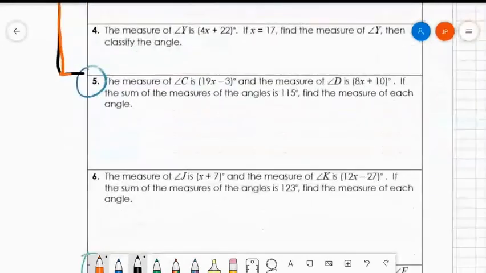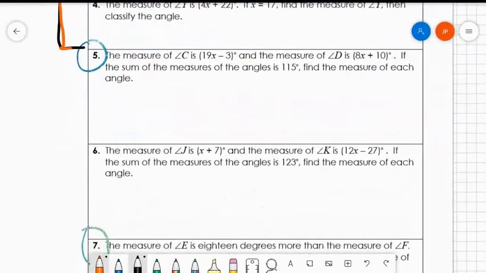Okay, now let's take a look at number 5. This one says the measure of angle C is 19x minus 3, and the measure of angle D is 8x plus 10. If the sum of the measures of the angles is 115, find the measure of each angle. So we have to do a little bit more work here. They're giving me these 2 algebraic expressions for these different angles, but they're not telling me what x is this time.